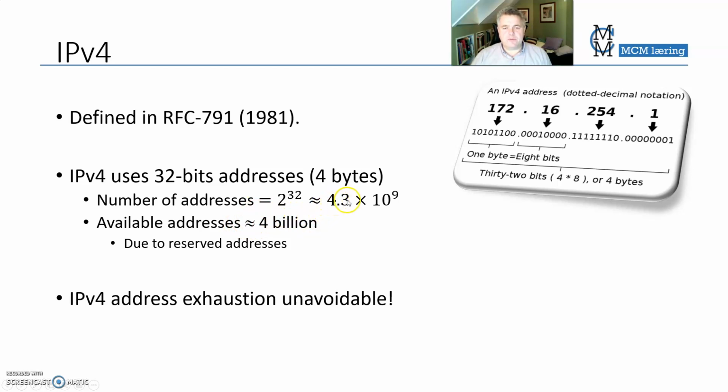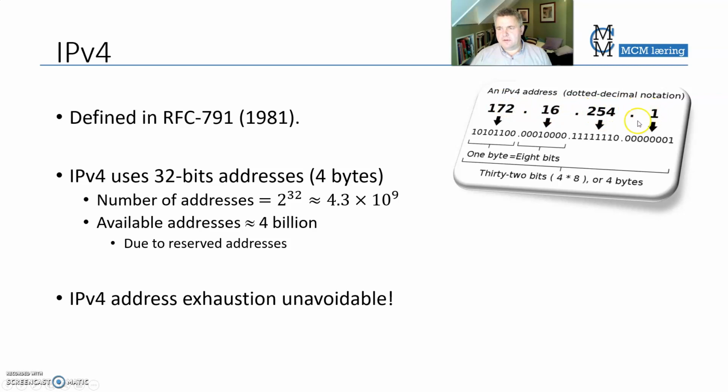So you have 4.3 billion available, and about 4 billion truly available, because there are some reserved addresses. As mentioned earlier, it is 32 bits, of course 32 zeros and ones. When they are presented to us, they are presented in groups of 8 bits, and each is presented as a decimal number.